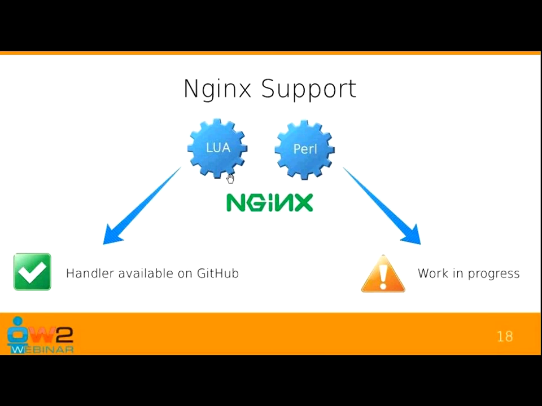This handler works perfectly and is available on GitHub. And we are now working on the Perl implementation, because we would like to keep a Perl code base. But the Perl interface of Nginx is not mature enough, so we are working with the Nginx community to be able to release this Perl handler.